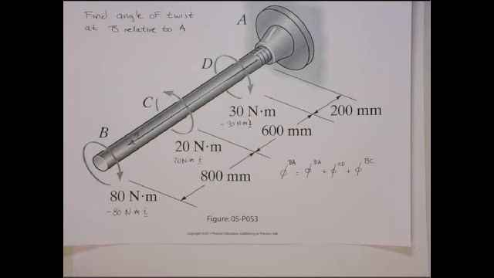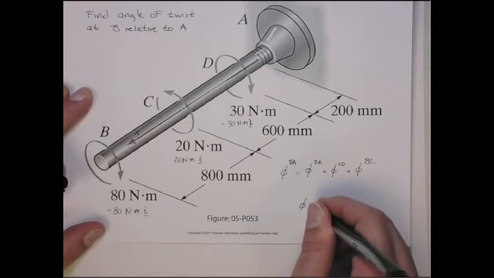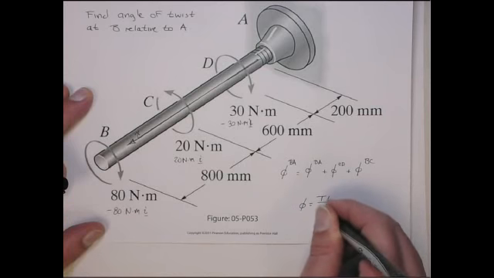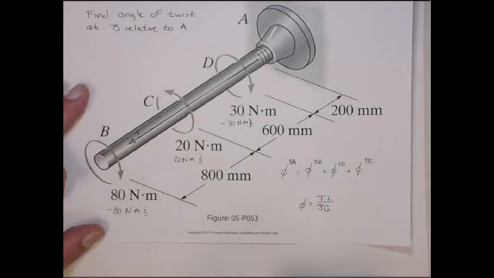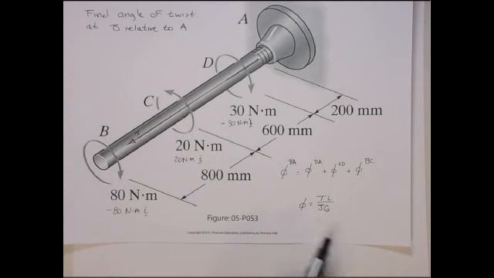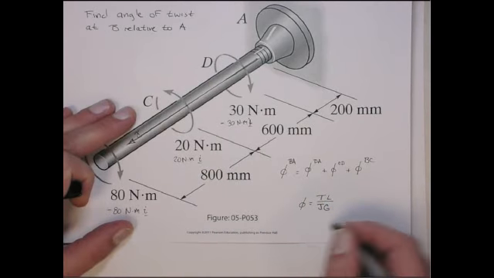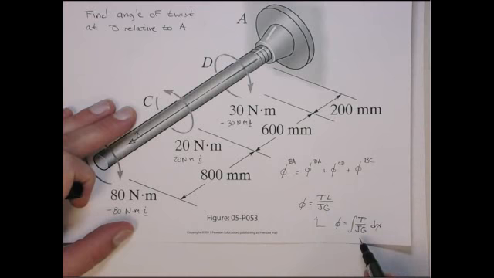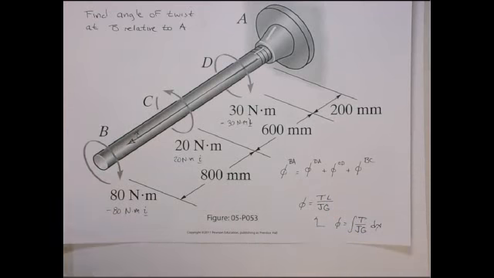So for each one we can use phi equals TL over JG. If one of these things varies, we have to do the integral. This is the general relationship, but if everything's constant, we can integrate it directly and get this relationship.